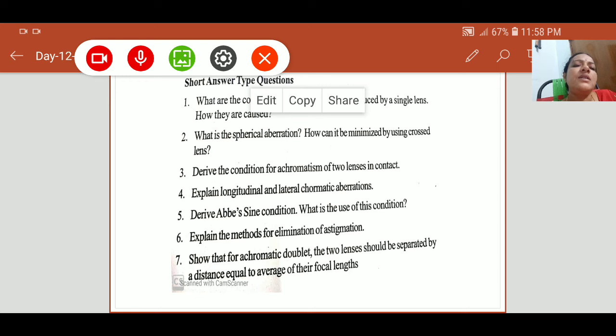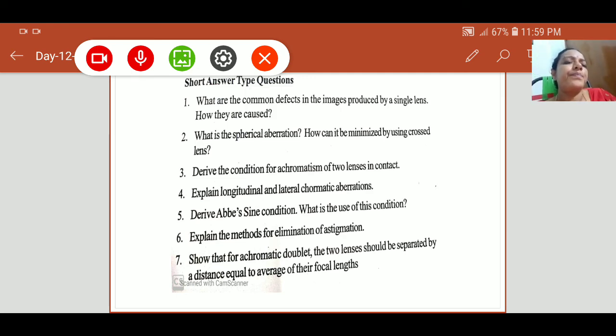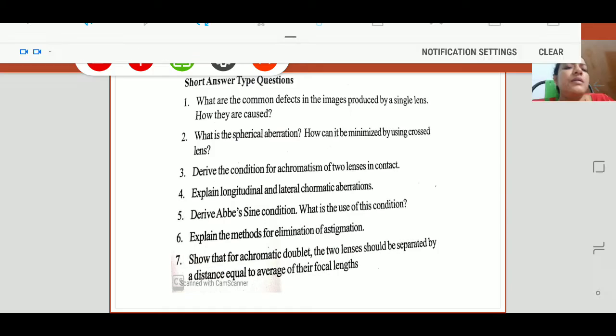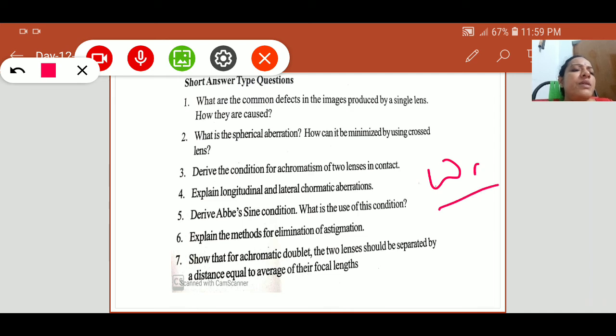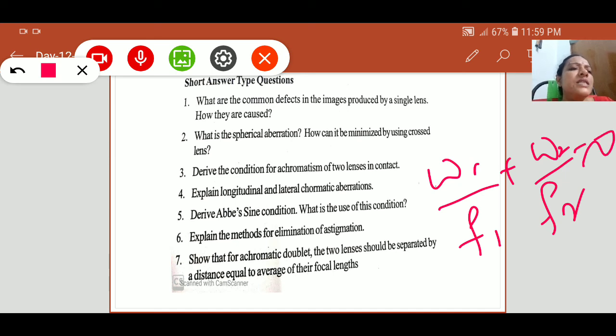Next, third one, derive the condition for achromatism of two lenses in contact. This is a very important question. That is, for achromatism omega 1 by f1 plus omega 2 by f2 is 0 because the lenses are in contact. So this we have to derive.